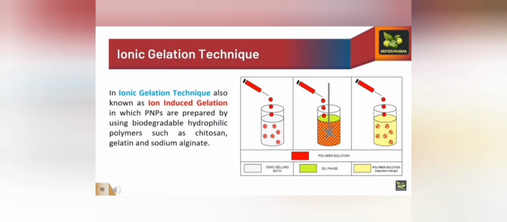In ionic gelation techniques, also known as ionic indirect gelation, nanoparticles are prepared by using biodegradable hydrophilic polymers such as crystalline gelation and sodium alginate.